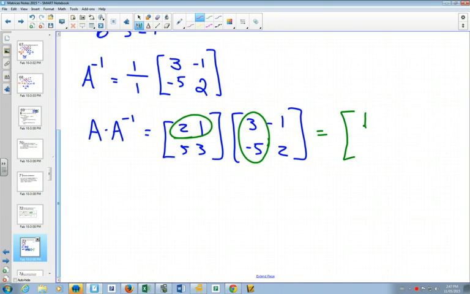When I want to find row 1, column 2, I'd take row 1, multiply by column 2, and notice how the numbers are the same, but one is positive and one is negative. So I get 2 times -1 and 1 times 2, I'm going to get 0. Row 2, column 1, same thing.